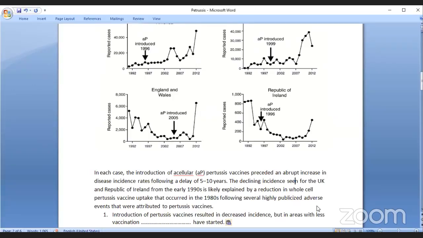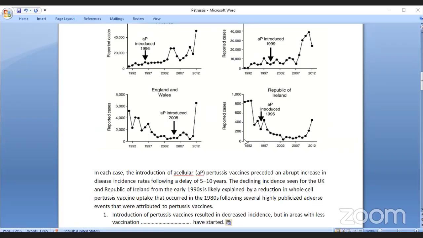The declining incidence seen from the UK and from the early 90s is likely explained by a reduction in whole cell pertussis vaccine uptake that occurred in the 90s following several highly publicized adverse events that were attributed to the vaccine.